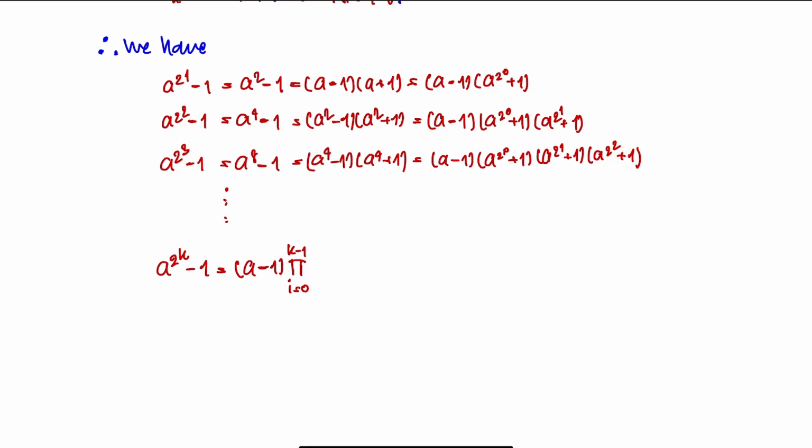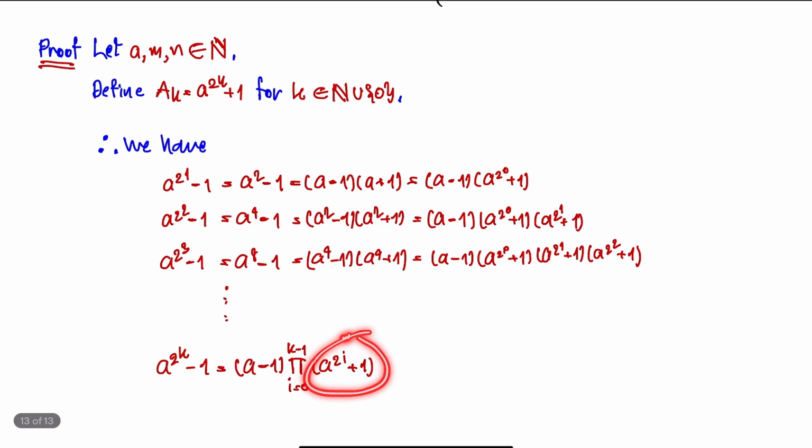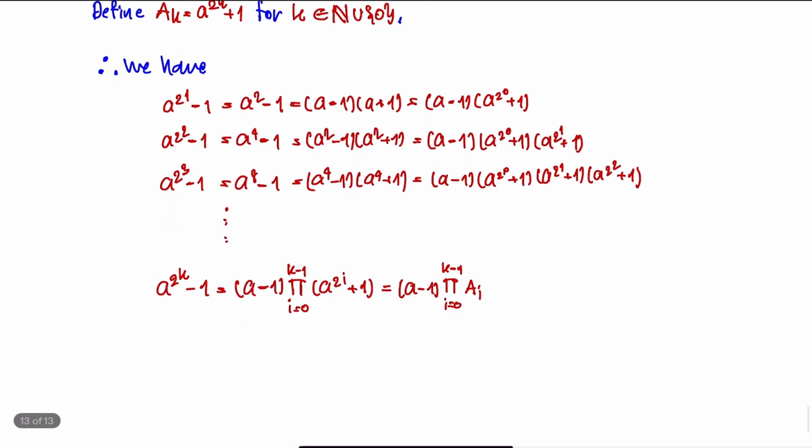So we have a to the 2 to the i plus 1, and this term right here is a sub i. So we have a minus 1 times the product of a sub i, from i equal to 0 to k minus 1.